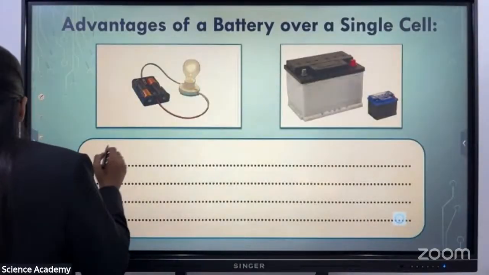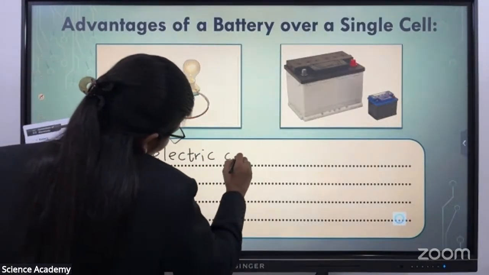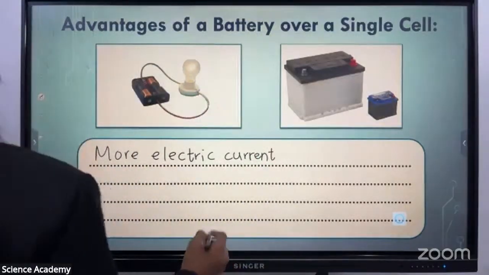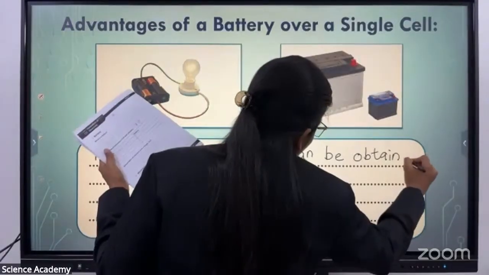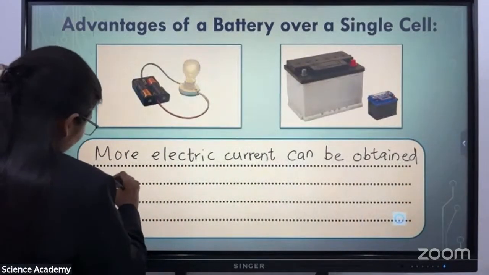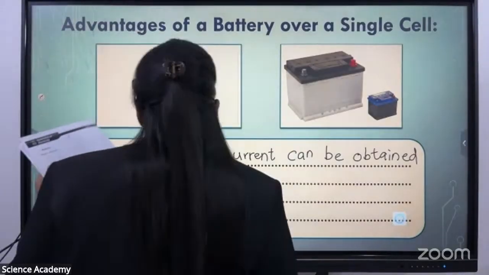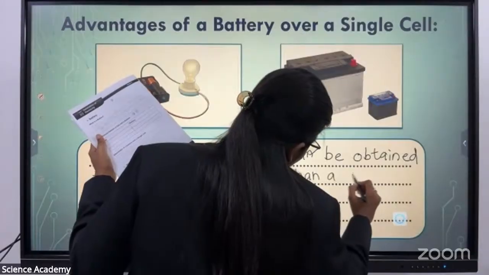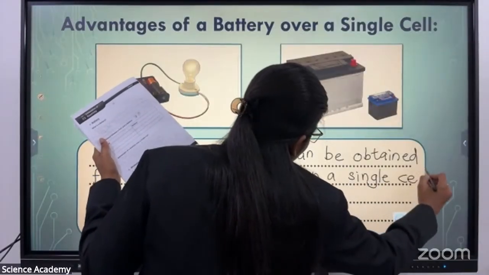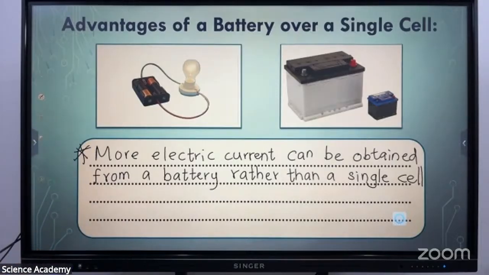Okay, so here we can write down: more electric current can be obtained from a battery rather than a single cell, right? We can obtain more electricity from a battery than from a single cell. Quickly write down that one also.